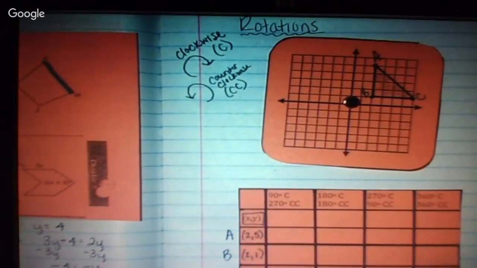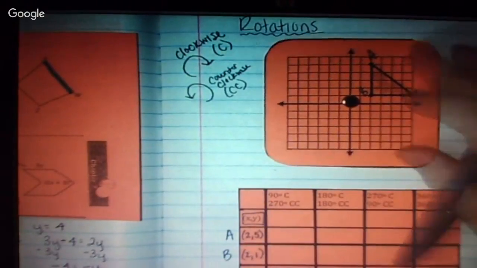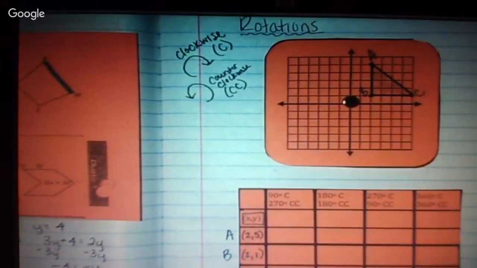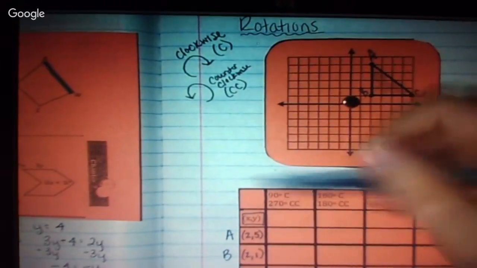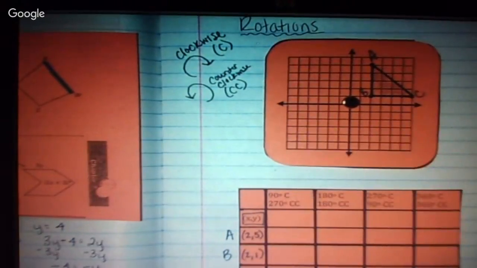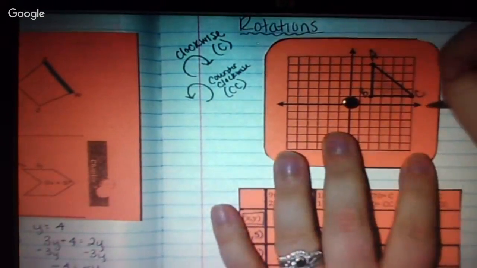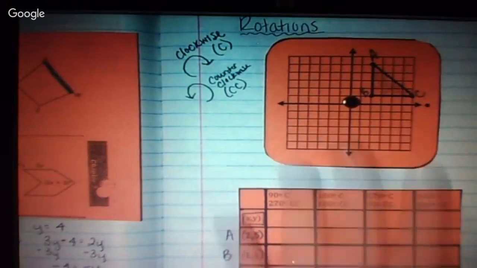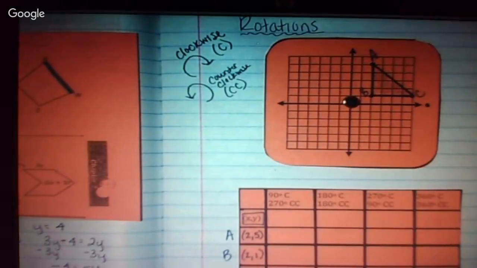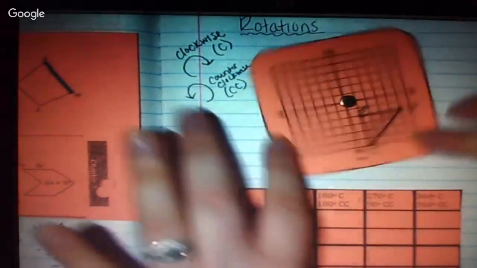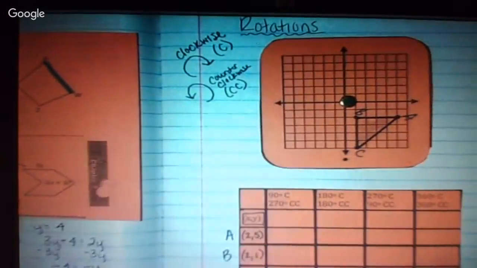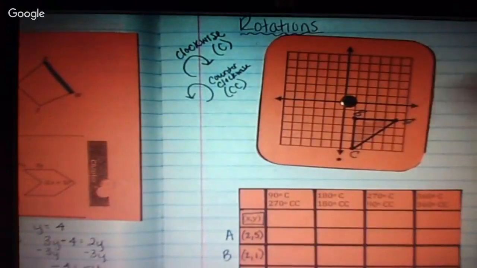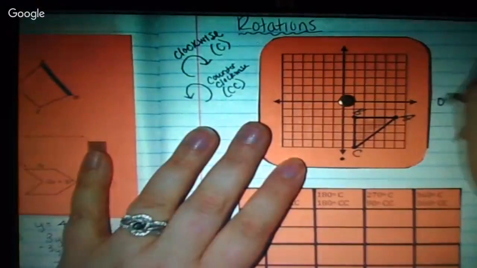All right. The first thing they want us to do is go 90 clockwise. So this is going to be my starting point. If I rotate 90 clockwise, the arrow that points to the right will now point down. So over here was 0 degrees.